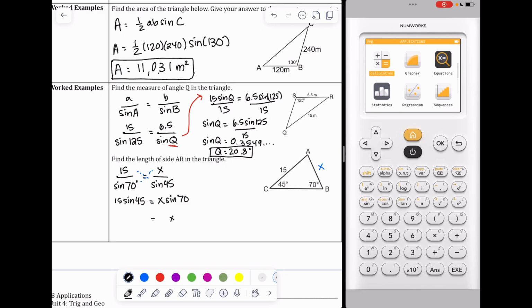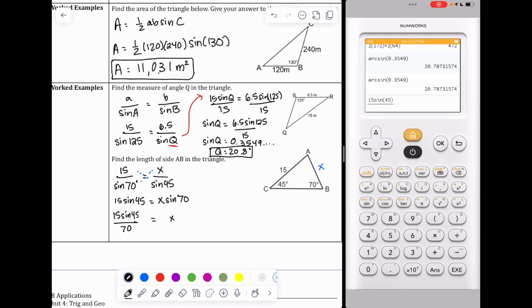So x will end up being 15 sine 45 divided by sine 70. And then when I go to calculate this, 15 sine of 45 divided by 70, I get 0.513.